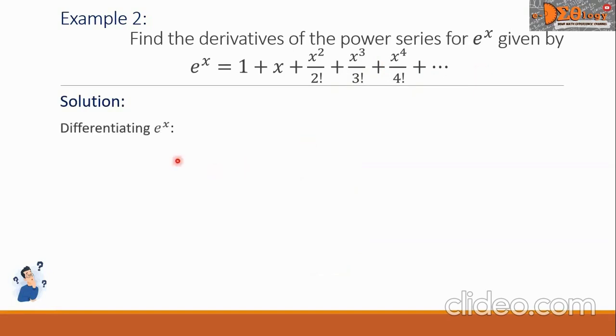Now let us differentiate the e raised to x. That is the d over dx of e raised to x. Let us take the derivative of each of these terms.